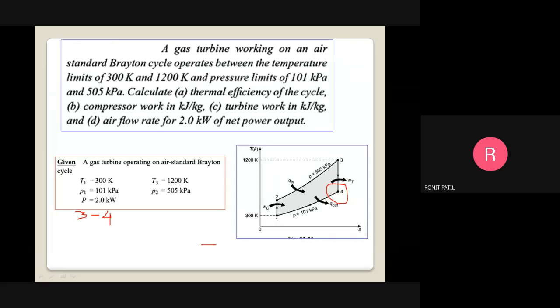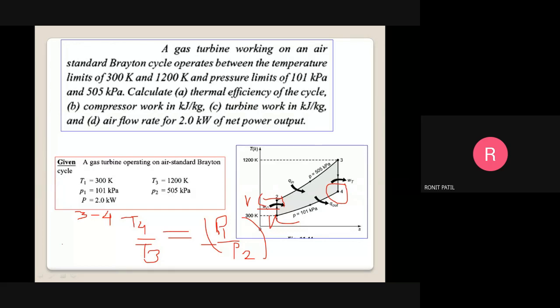So we can write T4 by T3 is equal to (P1 by P2) raised to (gamma minus 1) upon gamma.